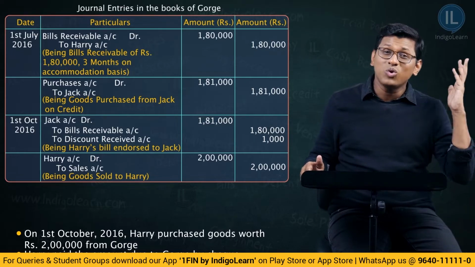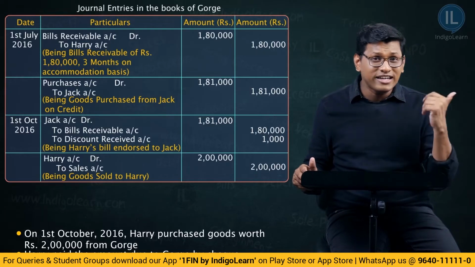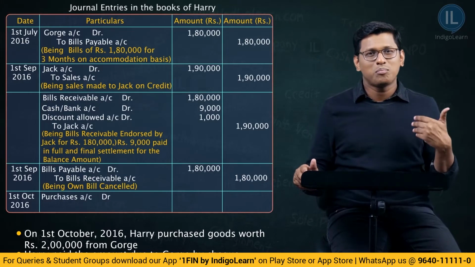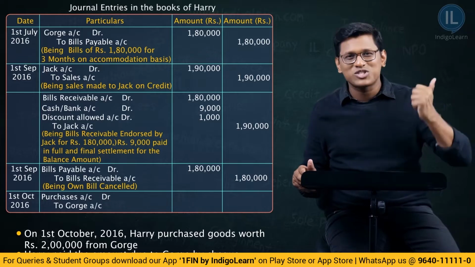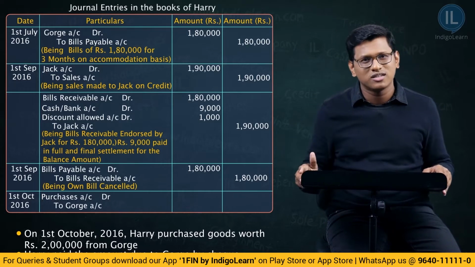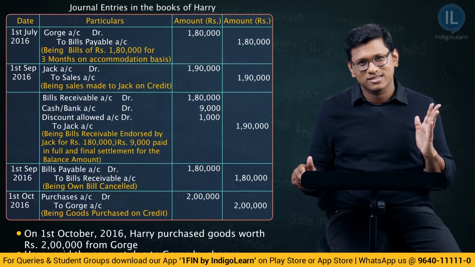Now come to Harry's books. In Harry's books, it's a purchase. So what entry should Harry pass? Purchases account debited to George. What is the date of this entry? 1st of October. Purchases to George 2 lakhs.